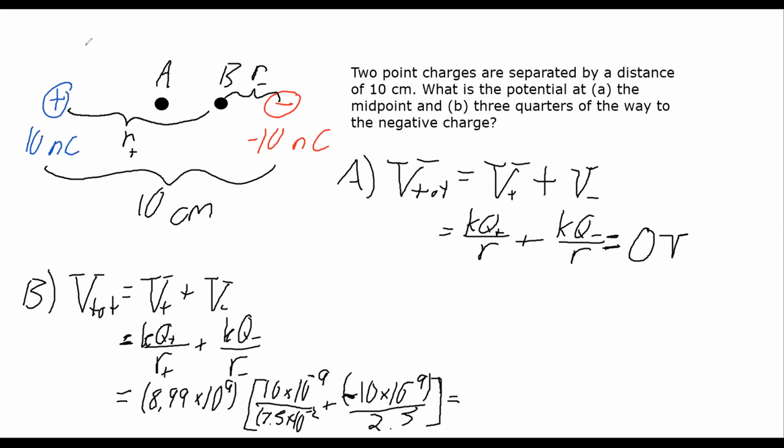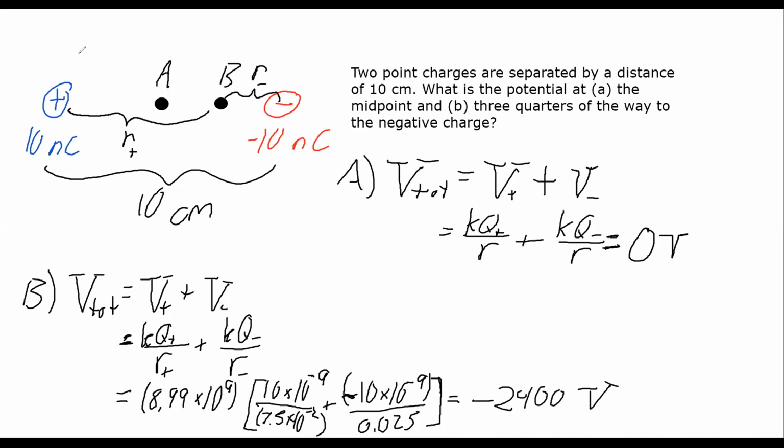I guess it would be easier to write decimals. And then over here, 0.025. So we should get a negative 2400 volts.